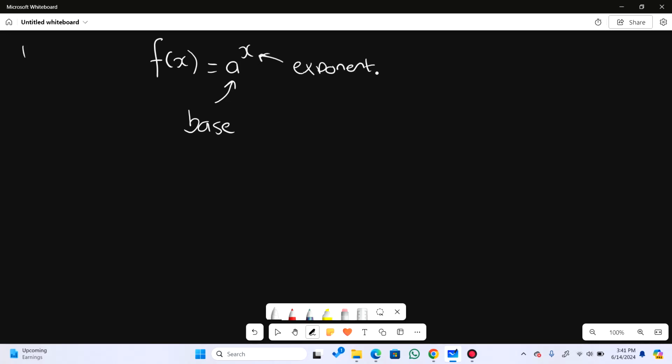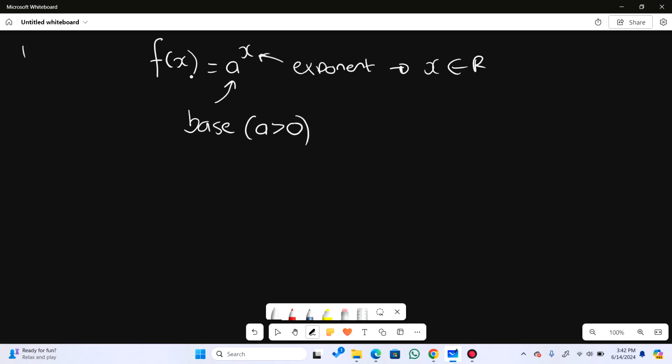So basically, x can be any value, right? It can be negative, rather can be anything in that case. And then a cannot be negative. a has to be greater than 0 in that case.